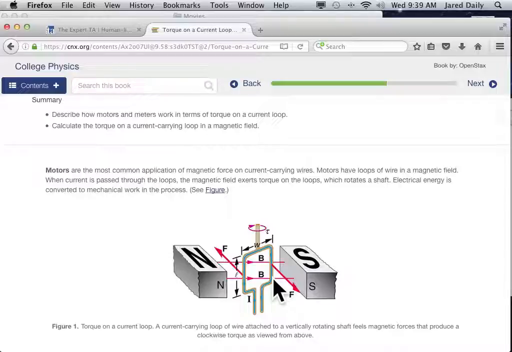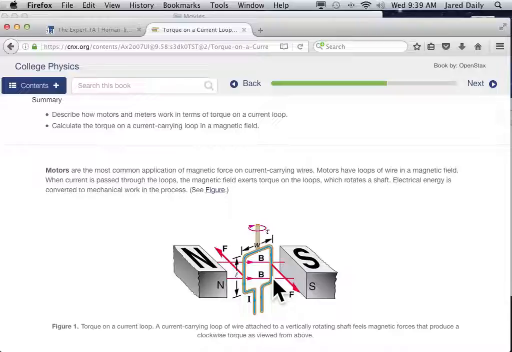Okay, so it's going across the page. So let's do the right hand rule. The current down, magnetic field is to the right, right? So we're feeling a force that's outward, that's essentially perpendicular to the loop, right? And they show it there, so that's kind of nice, right?